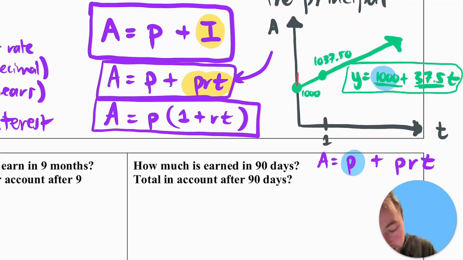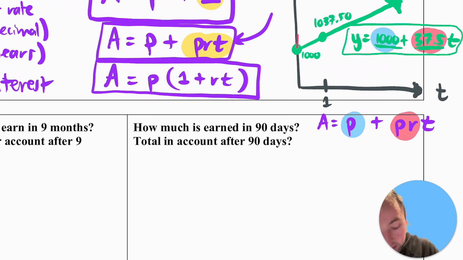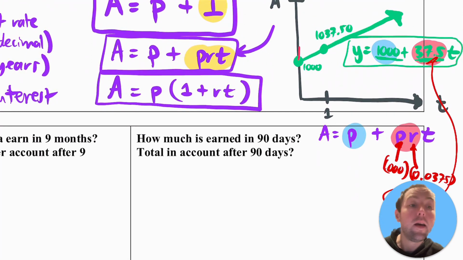And then you're also going to be able to hopefully see here that the 37.5 that's multiplied in front of the t should be the same thing as what's in front of the t right there, which should be the result of doing P times r. And if you recall, P is exactly $1,000 and the interest rate is 0.375. When you multiply those two things together, you get 37.5, which indeed is the number multiplied in front of t, which is the slope.